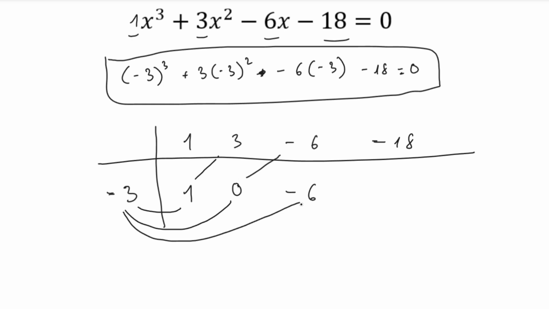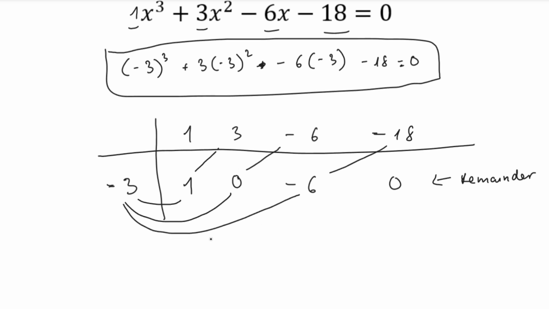Then -3 multiply -6 and add -18: -3 multiply -6 is 18, and 18 add -18 is 0. So the remainder is 0. This means we are correct. Remember that the last number has to be 0.